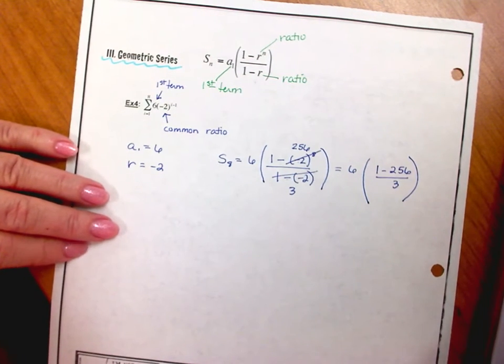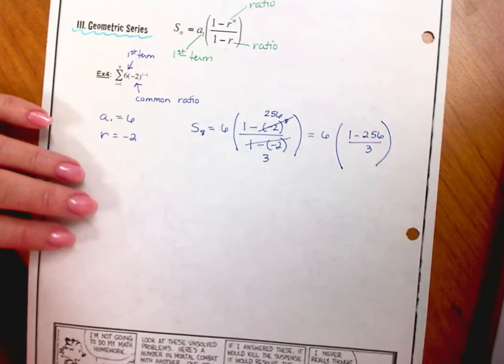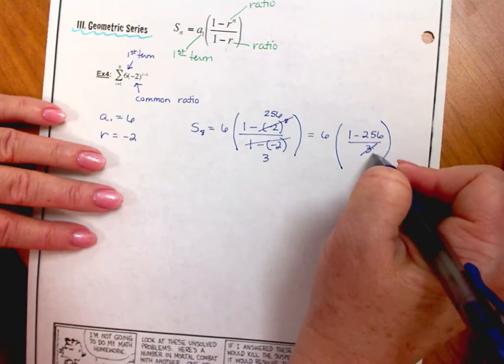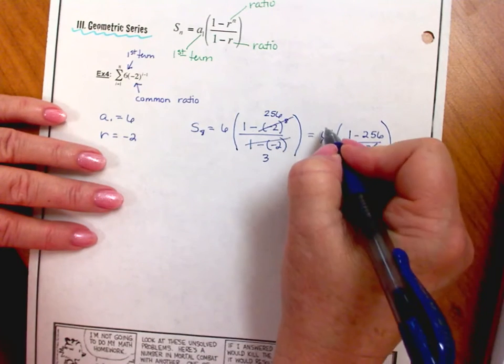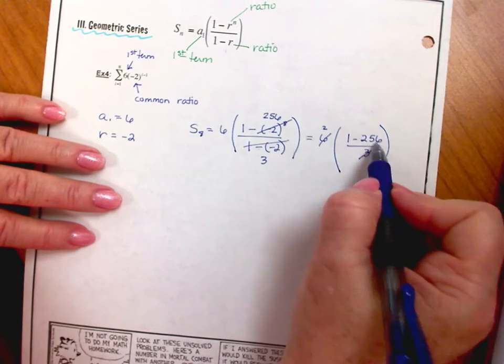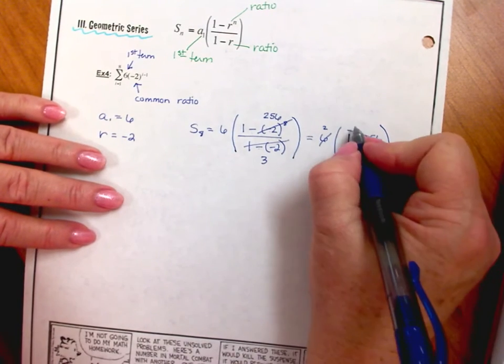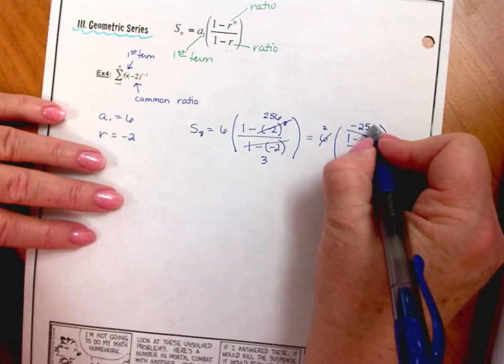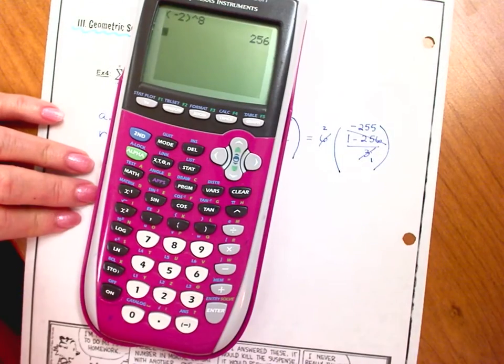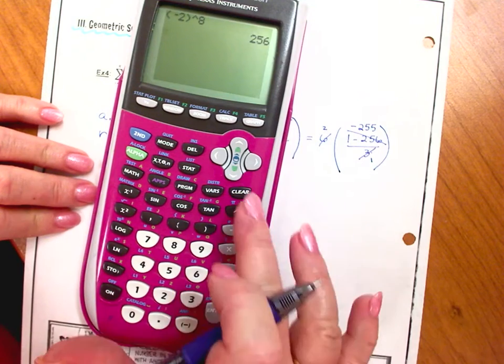Okay, so I can do a couple things here in order to make this easier. First of all, I'm going to get rid of my denominator. If I divide this by 3, I get 1. If I divide this by 3, I get 2. Okay, so that looks a little better already. And then 1 minus 256 is negative 255. Okay, so my problem now is 2 times negative 255.